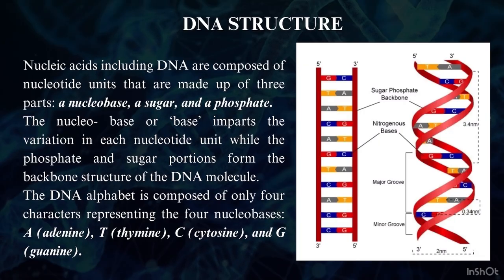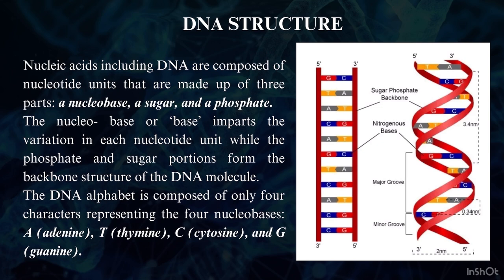Next is DNA structure. Nucleic acids, including DNA, are composed of nucleotide units that are made up of three parts. First, a nucleobase, second, a sugar, and third, a phosphate group.